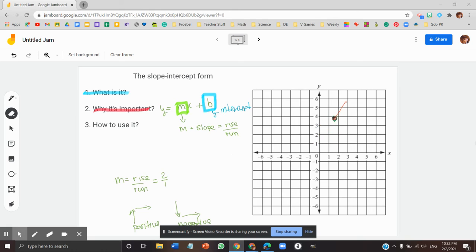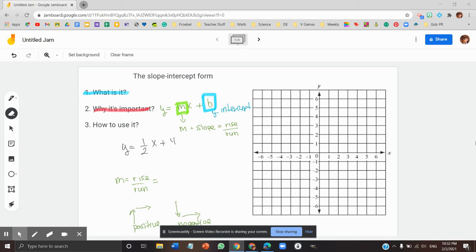Let's say, for example, that I have the linear equation y equals one half x plus 4. Okay. Let's say I have that now. Now it's a fraction that I have as a slope.